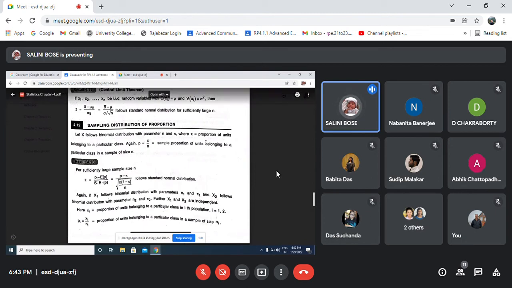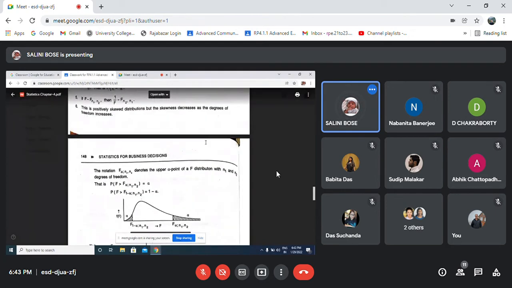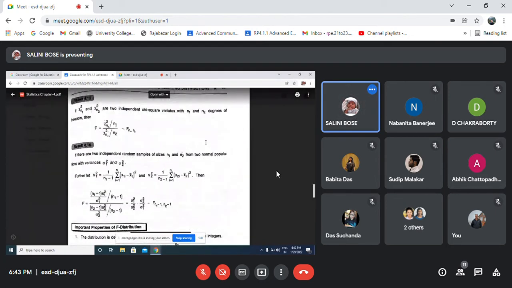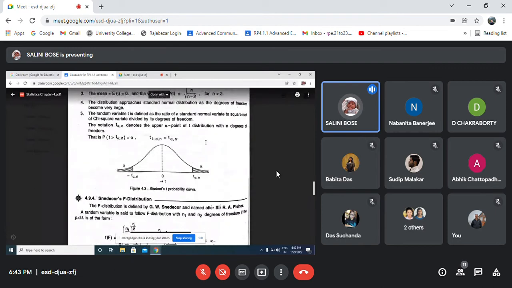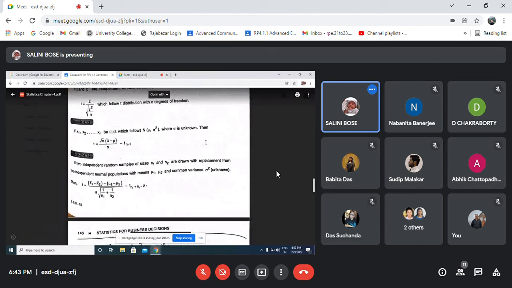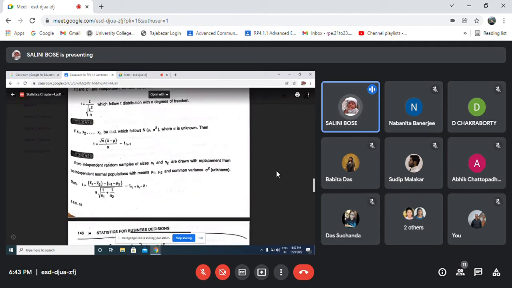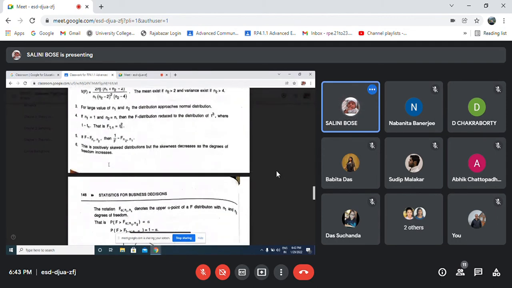Remember the formula? If you remember the z formula, z is equal to x bar minus mu by standard deviation, right? The standard deviation is sigma by root n for a sample.